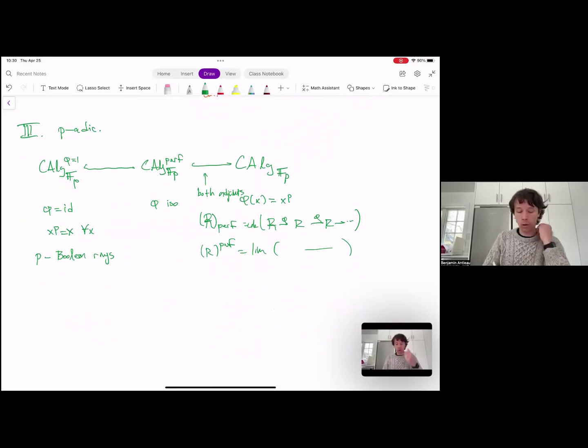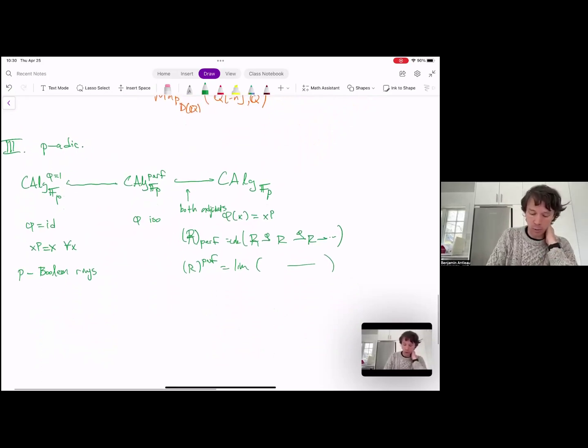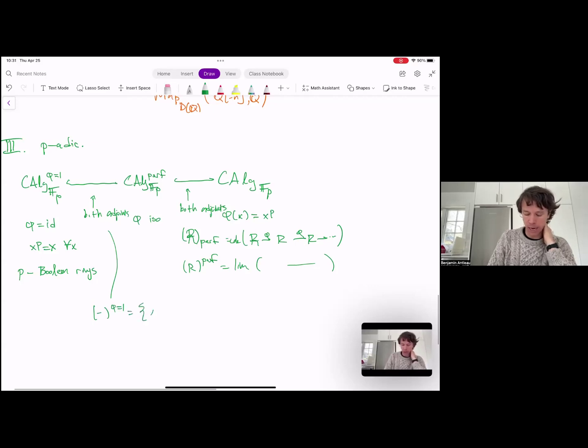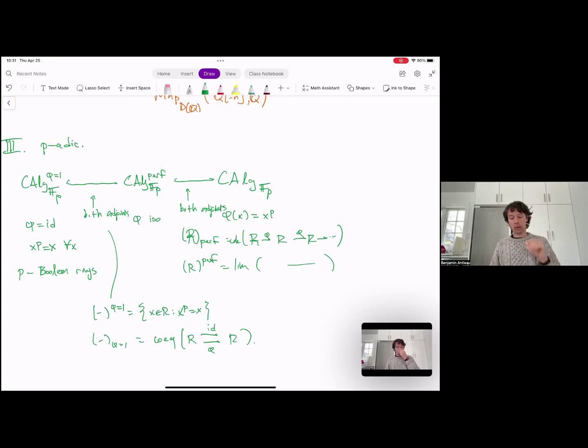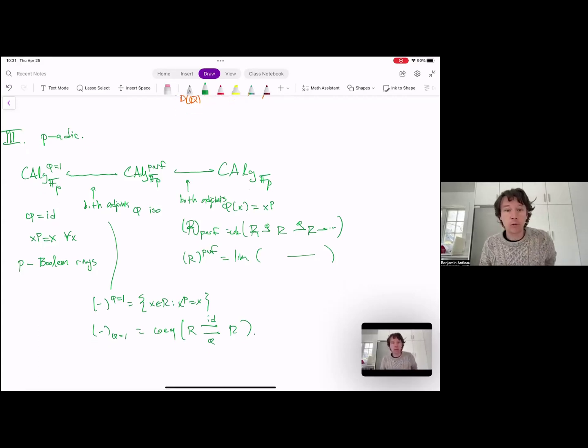And this also has both adjoints. The right adjoint is just the x in R such that x to the p is equal to x. That's a subring. And the left adjoint is the coequalizer in commutative rings of the two maps, identity and phi, from R to itself.